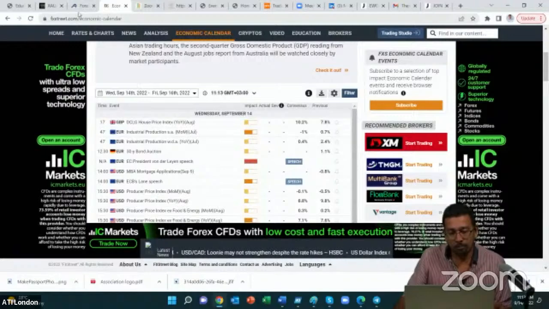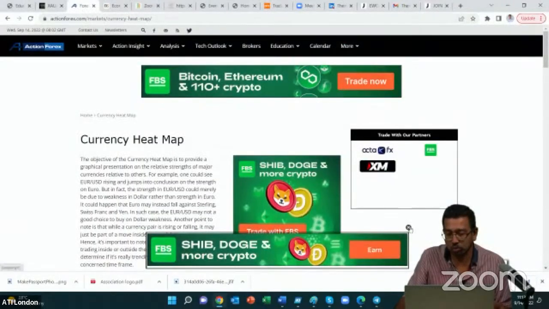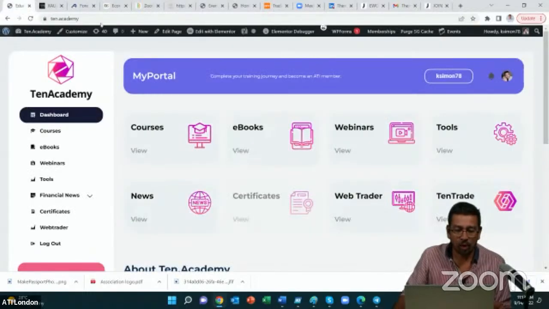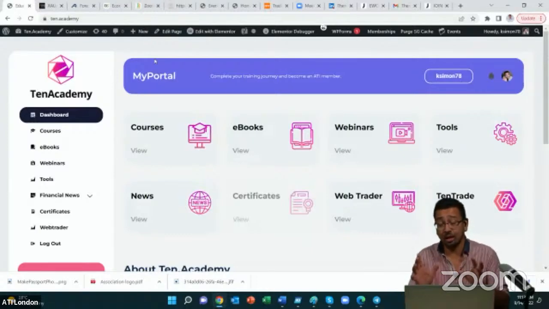We want to get back to some cherry picking of pairs, but most importantly, using some tools. Now, as you guys know, I always highlight the use of the 10 Academy's portal or educational platform, the dashboard itself, because it's got many tools available within your 10 Academy's dashboard.